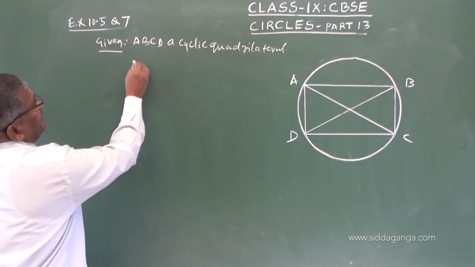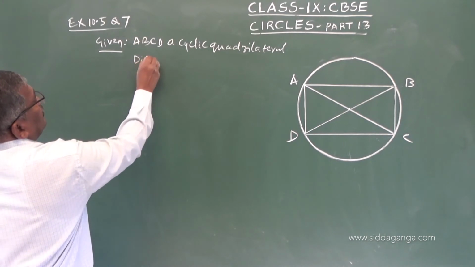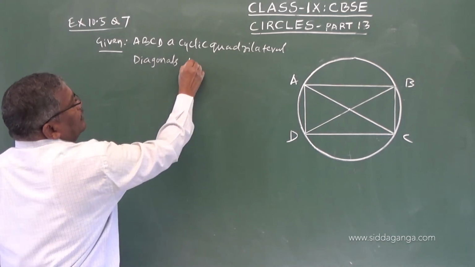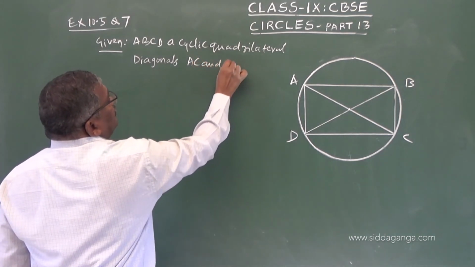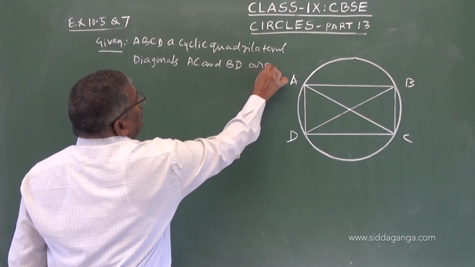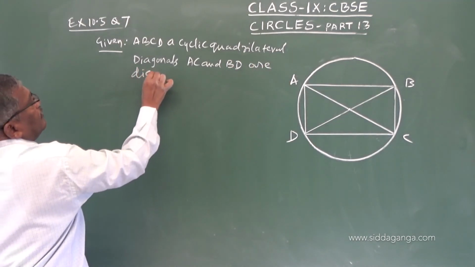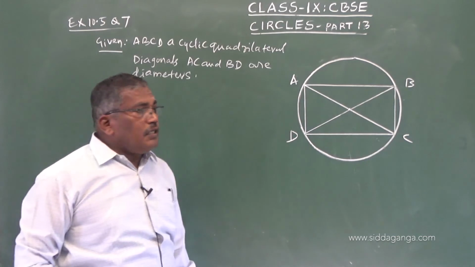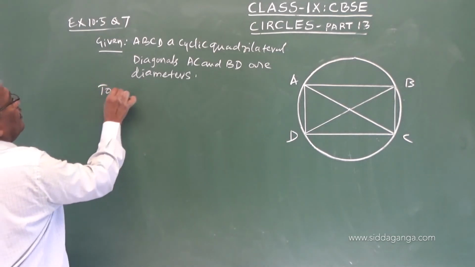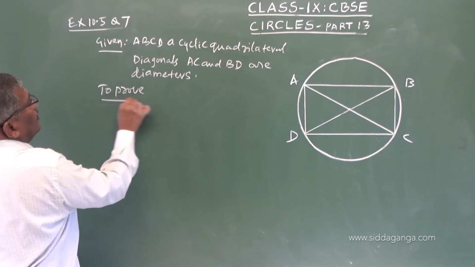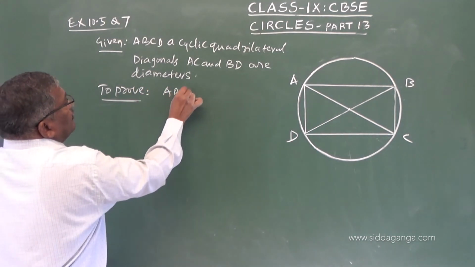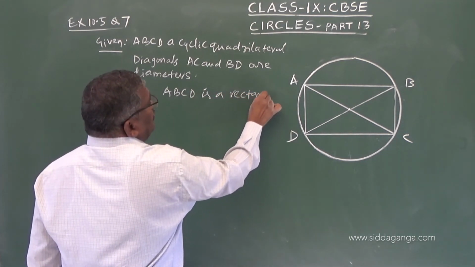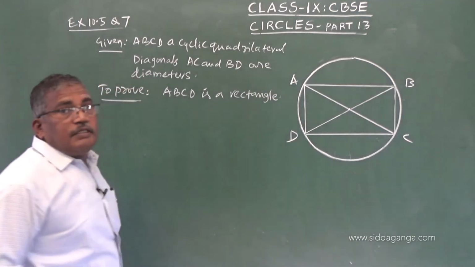Now diagonals AC and BD are diameters. This data is given. To prove: ABCD is a rectangle.